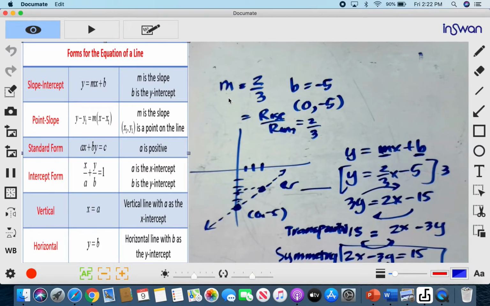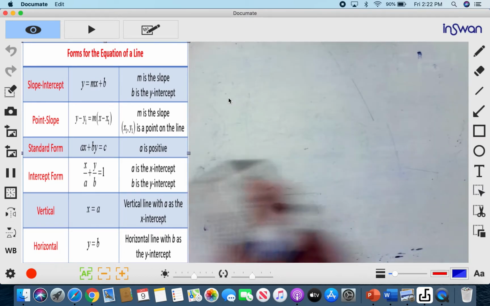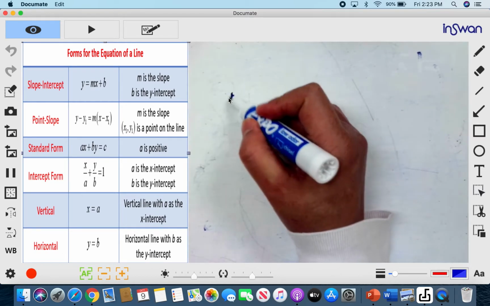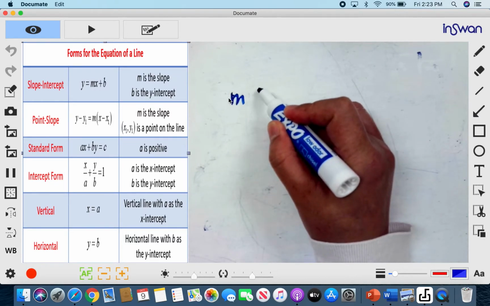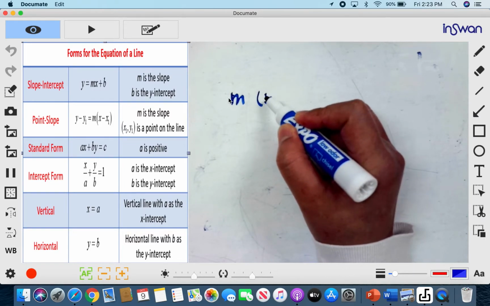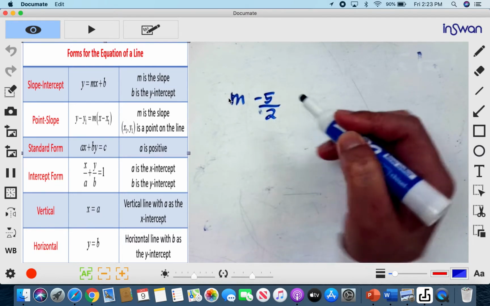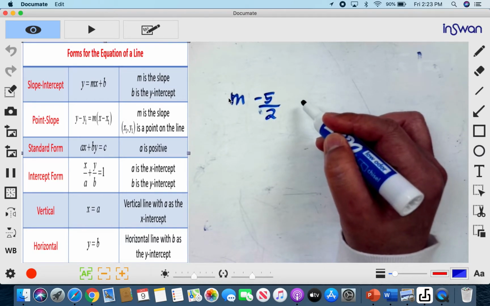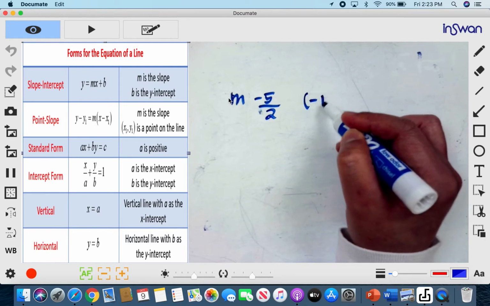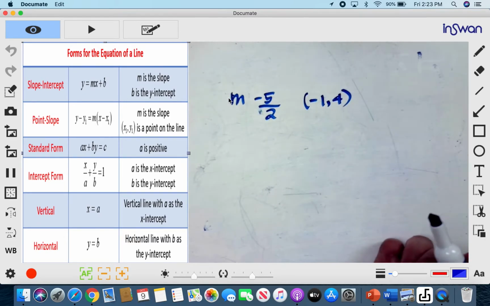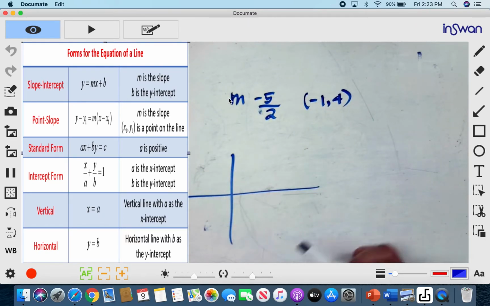Okay, now let's go to the next form of an equation. So let's say I have a slope of -5/2, and I have a point (-1, 4). Okay, so let's graph what our problem means.